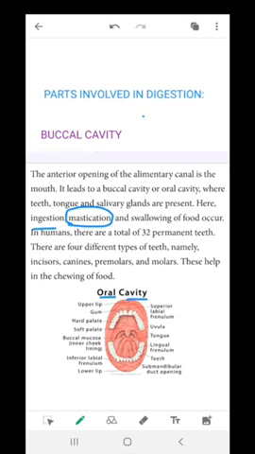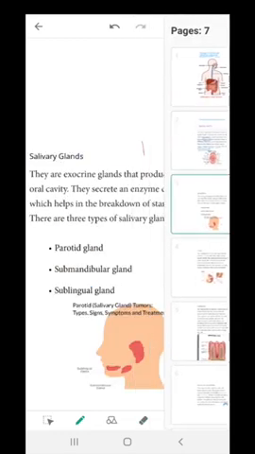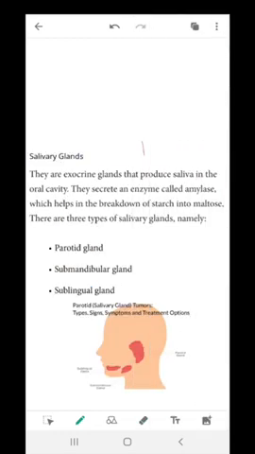In humans there are a total of 32 permanent teeth. As you know before, there are 4 different types of teeth, namely incisors, canines, premolars and molars. These help in chewing of food. The next part is the salivary glands. They are also known as exocrine glands that produce saliva in the oral cavity.